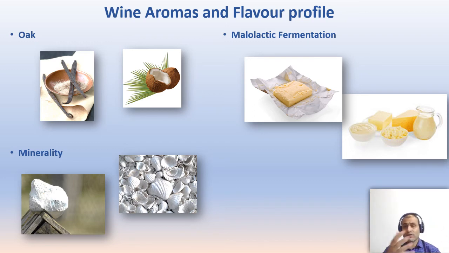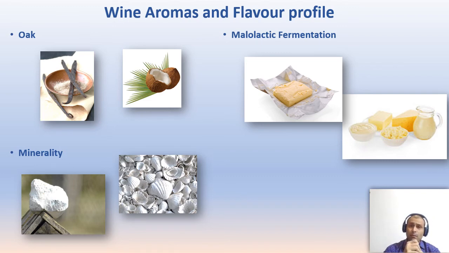So that's where the word malolactic comes from. Wines which undergo malolactic fermentation are generally higher in acidity. They undergo that conversion to make the wine a little softer for the consumer, and that imparts dairy-like characteristics to the aroma and the flavor profile of the wine.